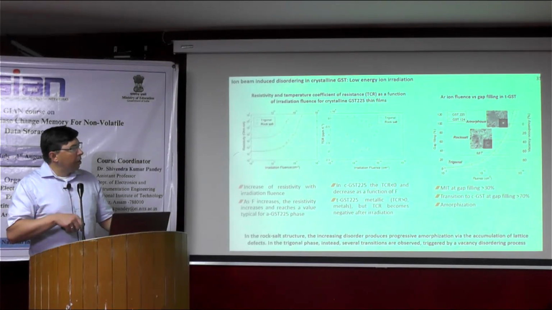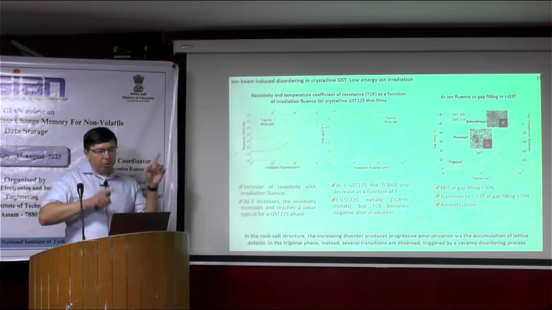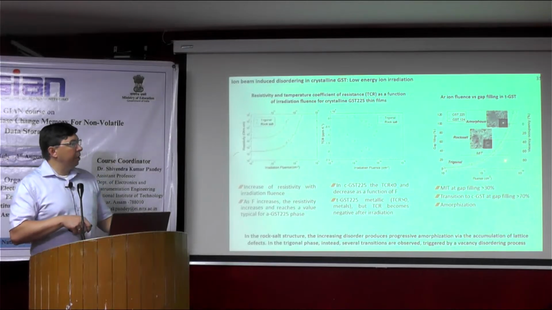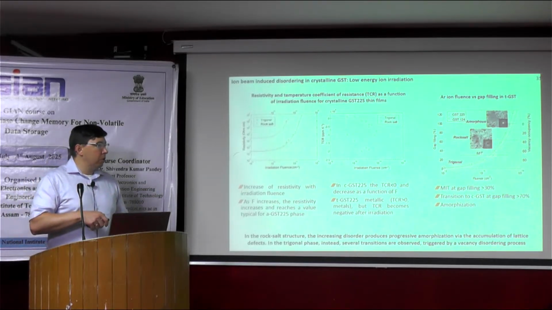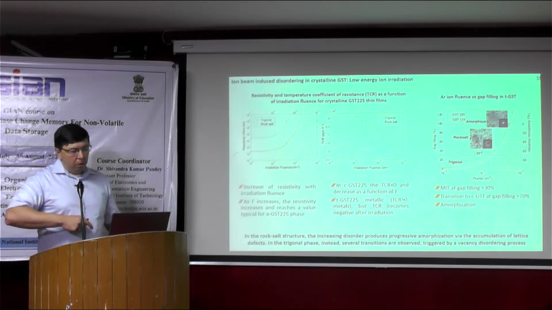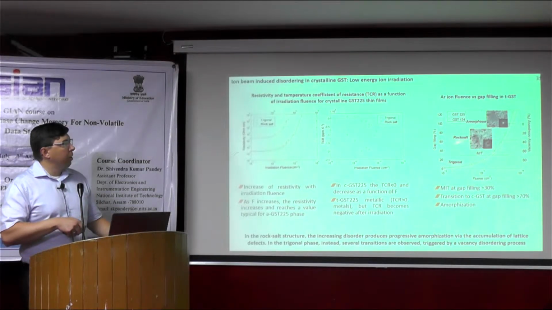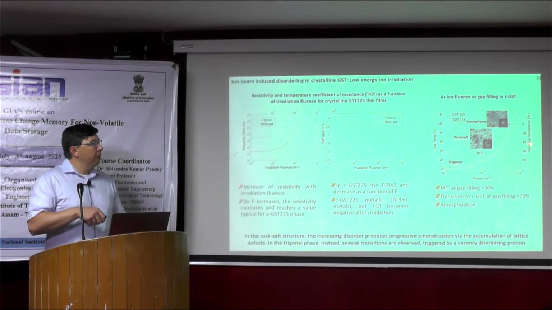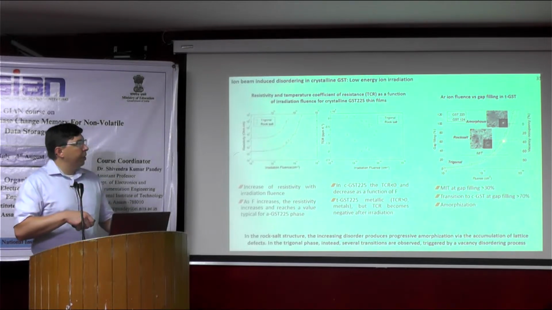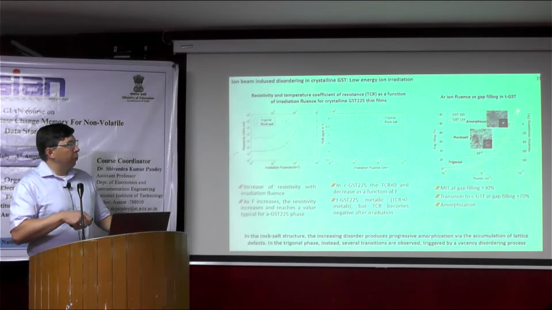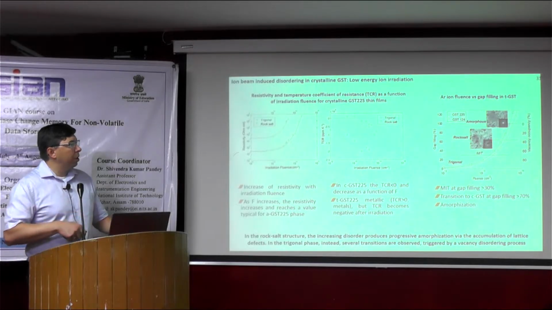At a gap filling of about 30%, the atoms start to move into the gaps. There is here the metal-insulator transition, so the structure transforms most probably to a structure between rock salt and trigonal, and then at higher gap filling, the rock salt structure starts to transform into an amorphous structure.